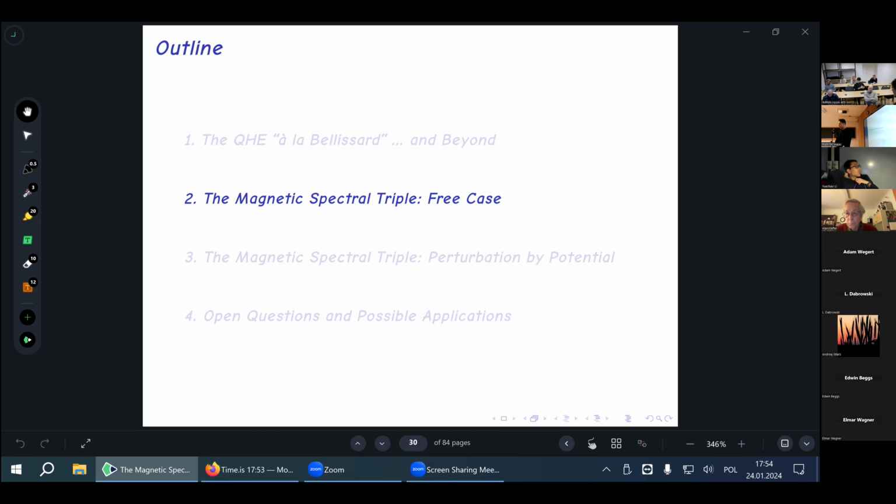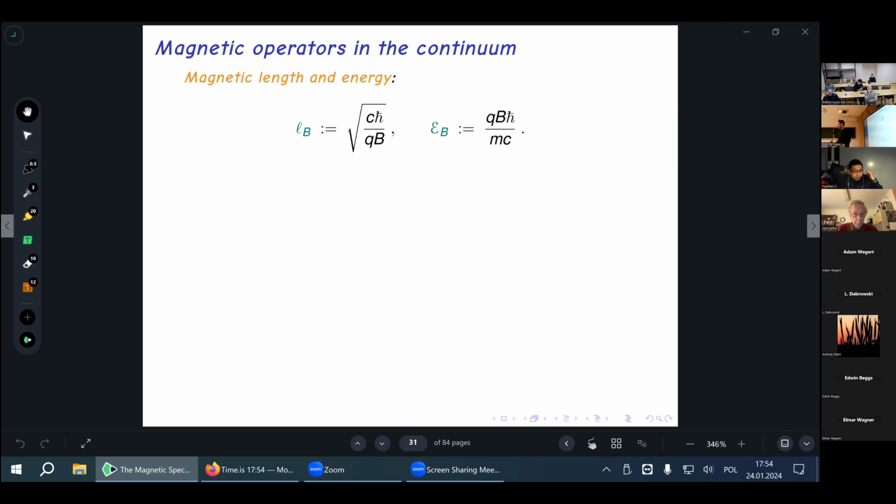The main point is that it's possible to repeat what Jean did in the discrete, in the continuous case. And the most important point, it's possible to construct a spectral triple with the property that the Dirac operator, which is the main object of this spectral triple, has compact resolvent. And of course, it has to do the right thing.